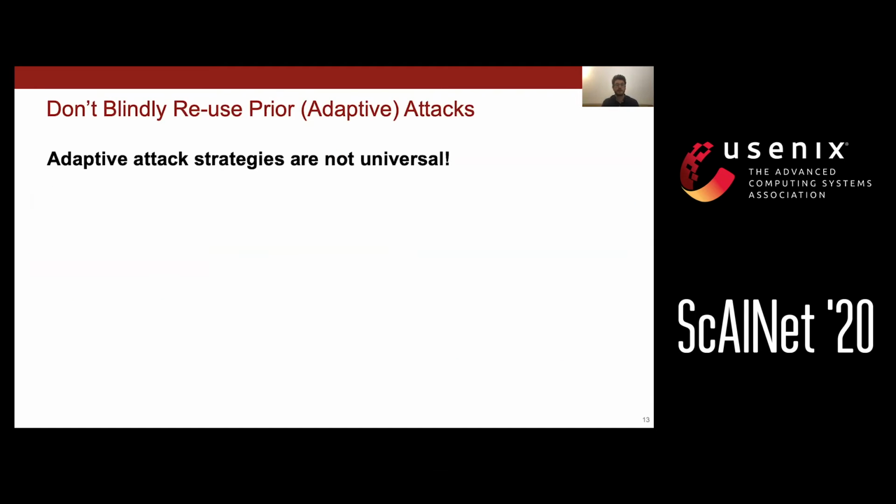And this brings us to our second observation about the reuse of adaptive attacks from prior work. So what many evaluations will do is take a successful adaptive attack that worked on a prior defense and repurpose it somehow against a new defense.